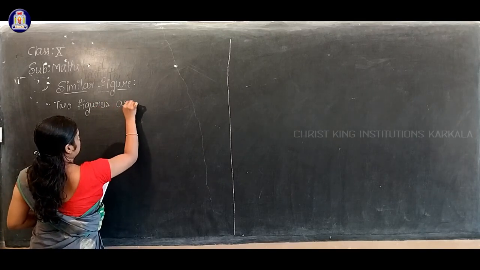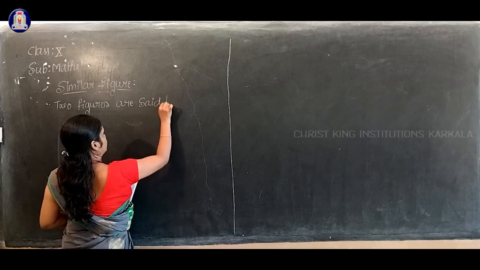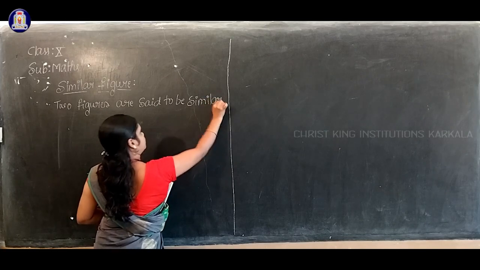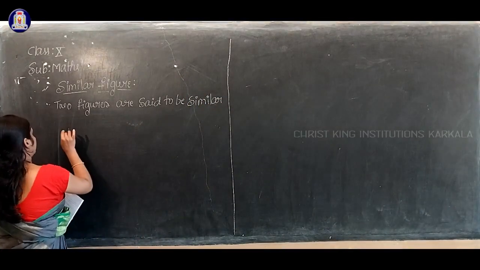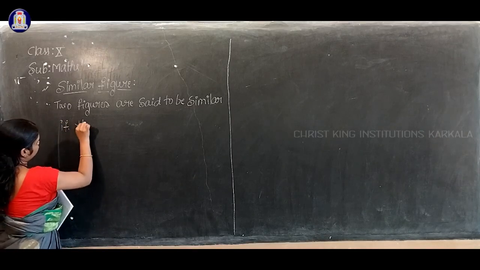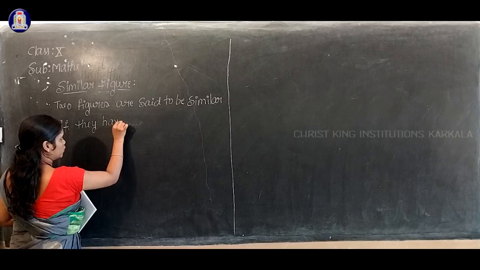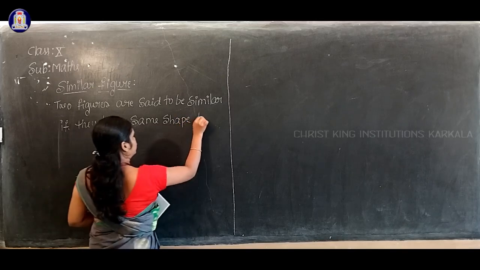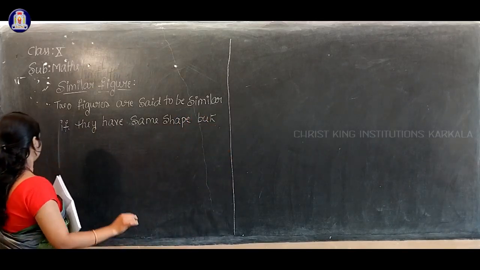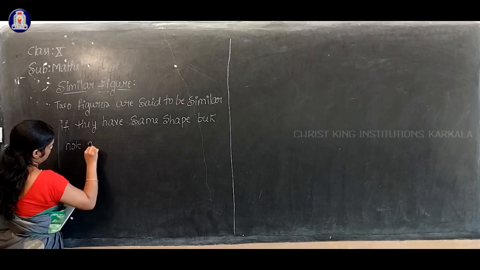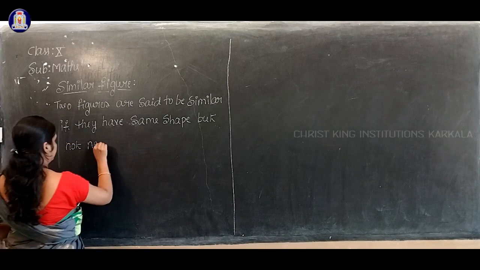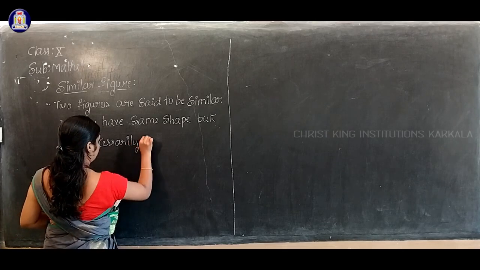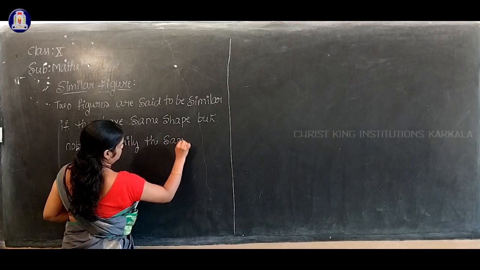Two figures are said to be similar if they have the same shape but not necessarily the same size.